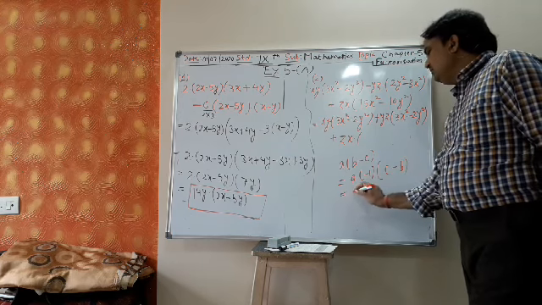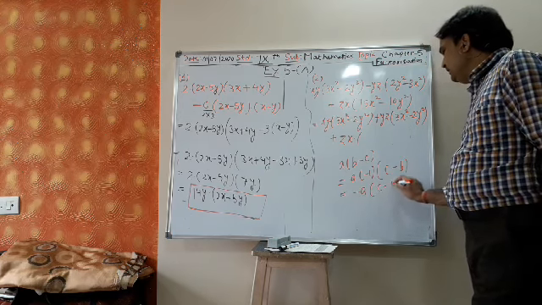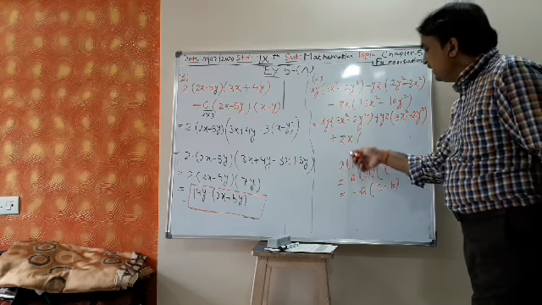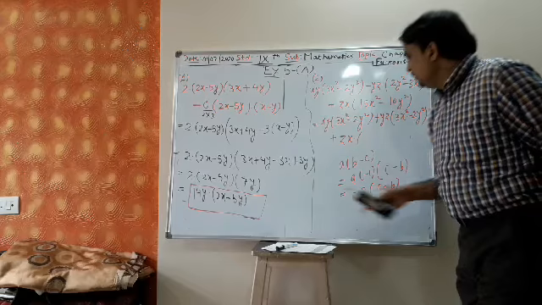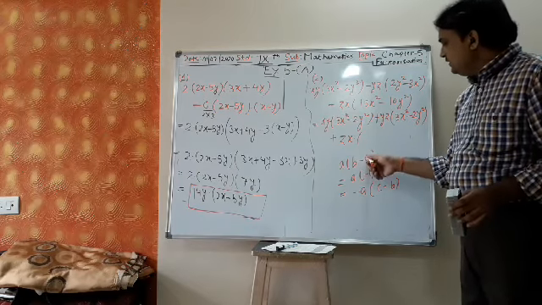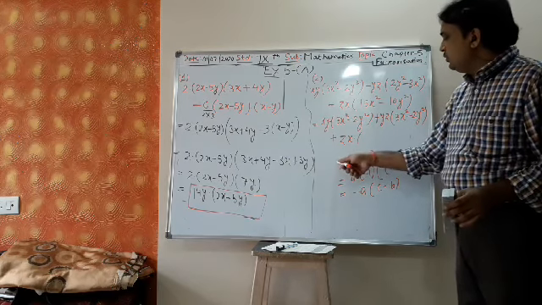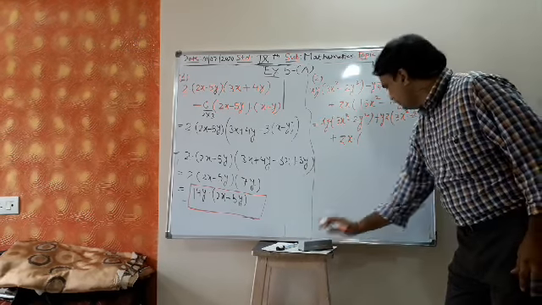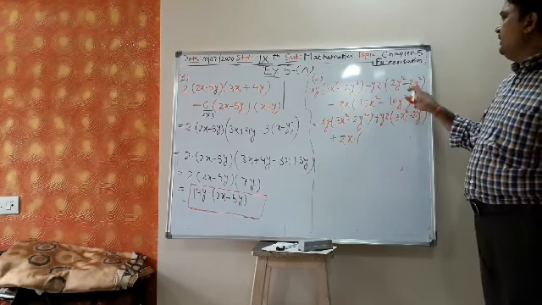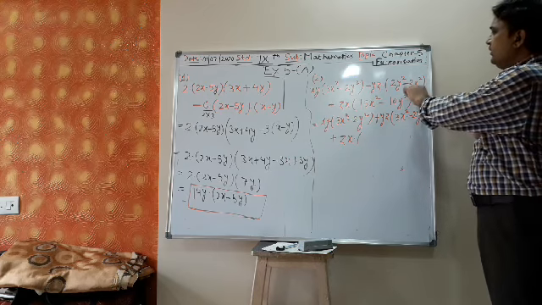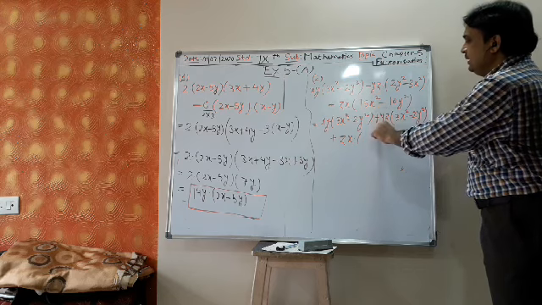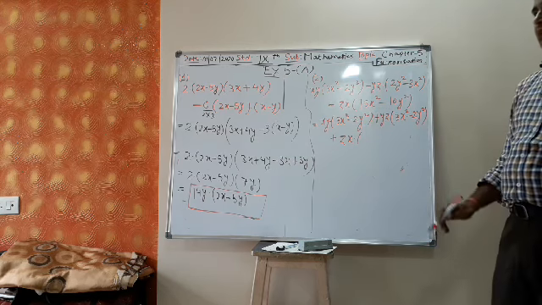So I can write minus A into C minus B. So when you write B minus C as C minus B, the minus sign goes outside. The same thing: this 2y square minus 3x square, I am writing 3x square minus 2y square. So one minus will go outside and minus minus becomes plus. Are you getting?